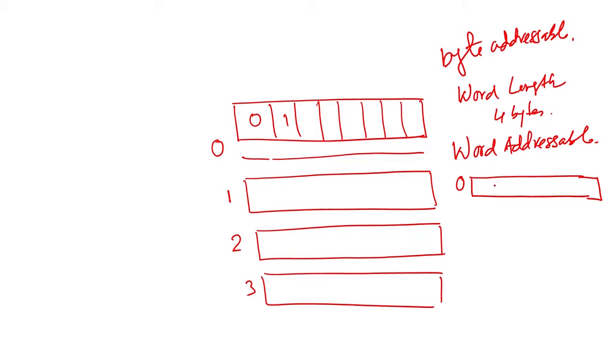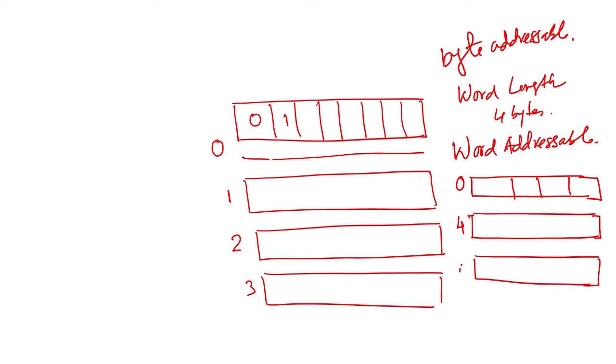There are 4 bytes, so the second word will be in location 4, the third word will be in location 8 and so on. Because this is 1 byte, this is 2 bytes, this is 3 bytes and this is the 4th byte, the next word will be at 4, then 8 and so on. This word addressable term we will discuss later.